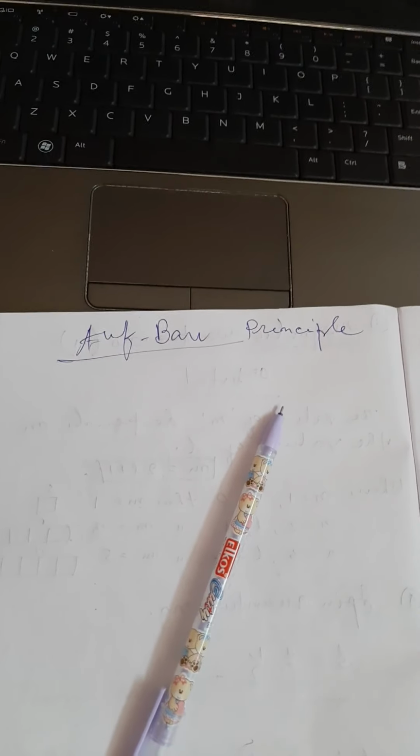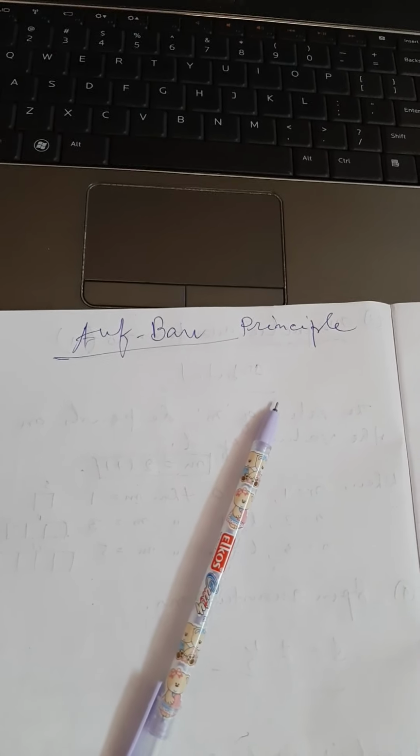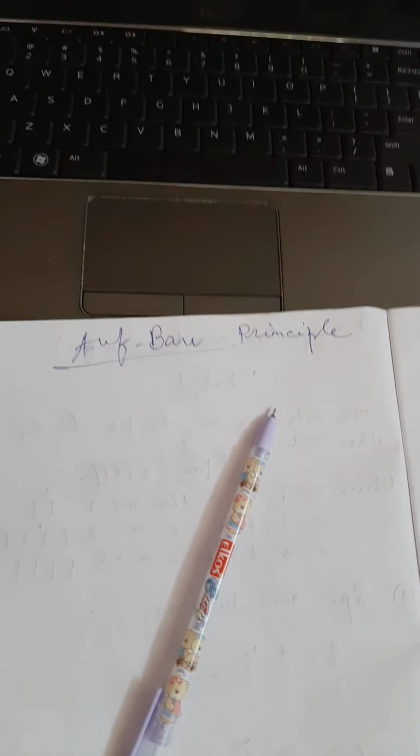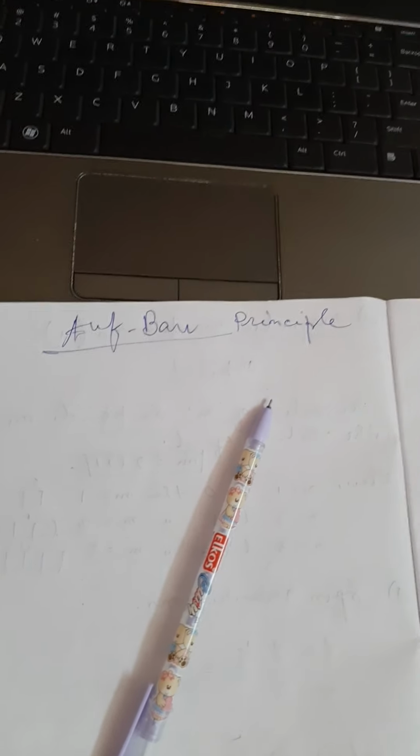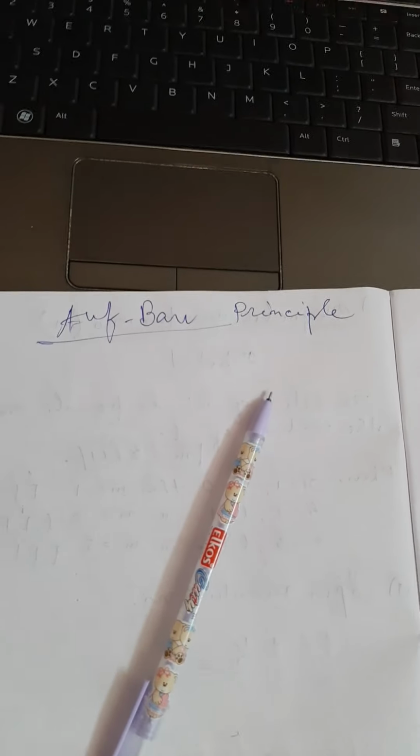No, the Aufbau word is a German word. It means to build up. How to build up the electronic configuration? Okay, now you can tell like that.